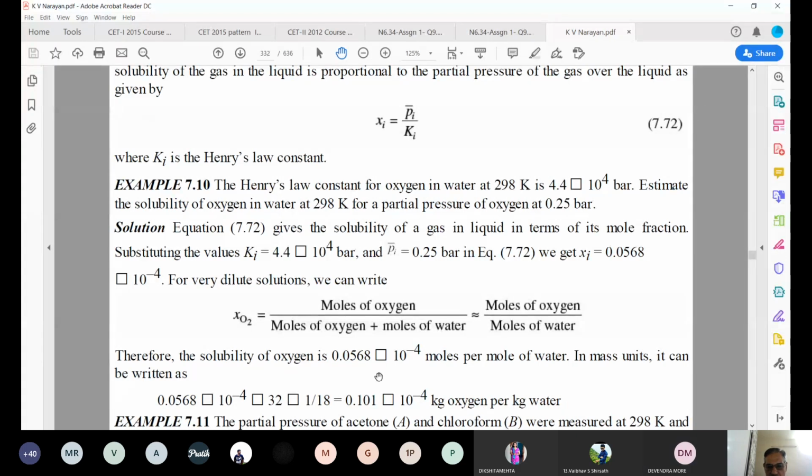So the solubility is so low. सर वो हमने उधर डाइल्यूट सॉल्यूशन क्यों अज्यूम किया? Because solubility of oxygen we know is very low in water.